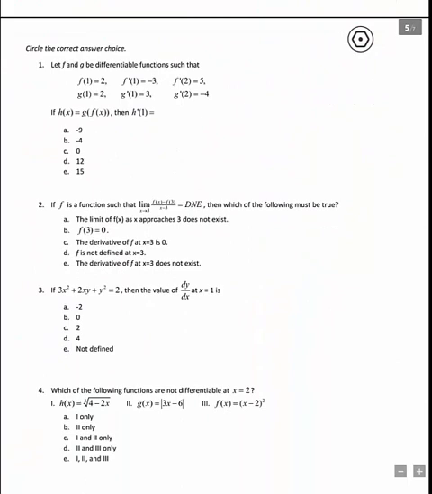Alright, next question we have is let f and g be differentiable functions. And so it says g of f of x. So if we look at this, it is chain rule. So a is equal to f of x, b is equal to g of a.